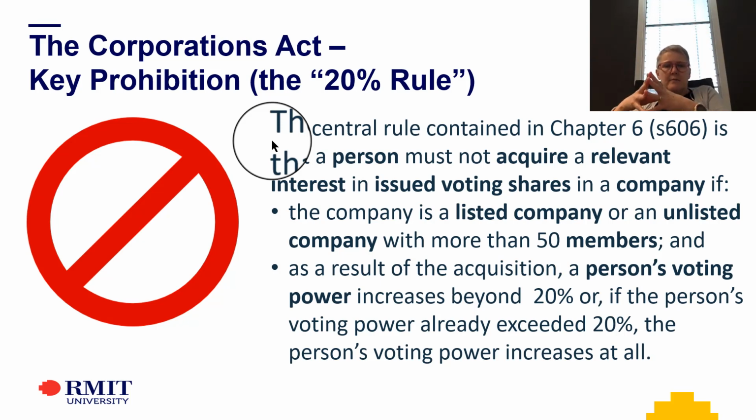A person, and person here includes a company clearly, mustn't acquire control of, and notice it isn't ownership, but it's control of more than 20% of voting shares in a company unless that acquisition meets the requirements of the Chapter 6 regime. And a person who has control or influence over more than 20% but less than 90% of the voting shares cannot acquire control of any more shares unless they comply with the regime.